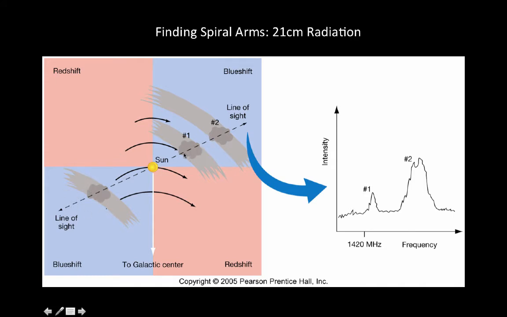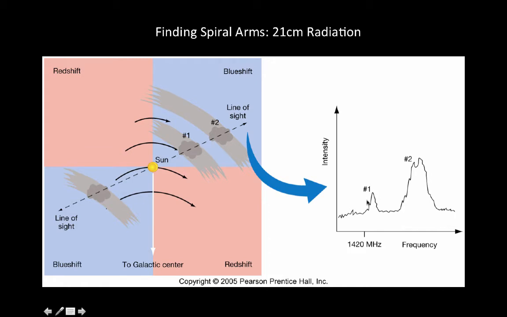So that means that 21 centimeter radiation in the outer spiral arms that we detect will be blue shifted. They will be moved to higher frequency. When we look at the signal that we get from galactic 21 centimeter radiation, we see something like this. 1420 megahertz is the frequency corresponding to radiation with a wavelength of 21 centimeters.